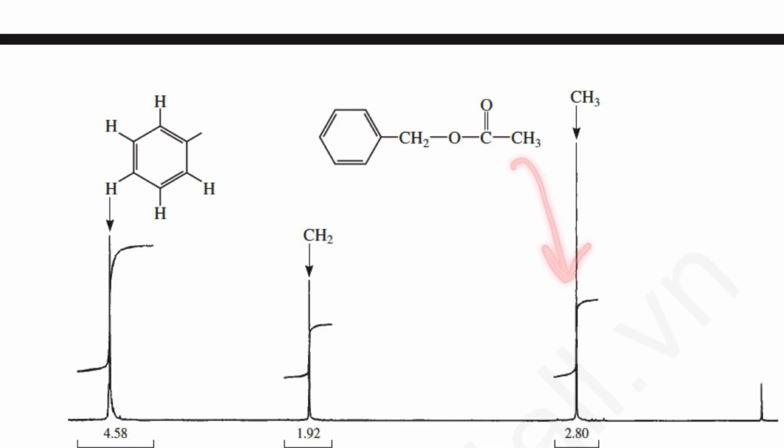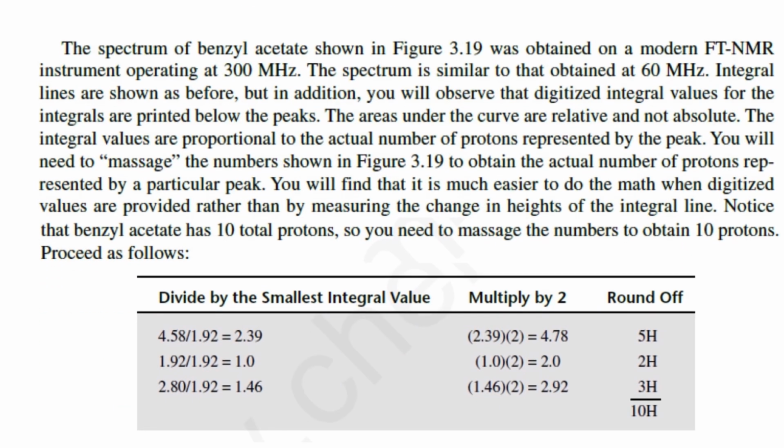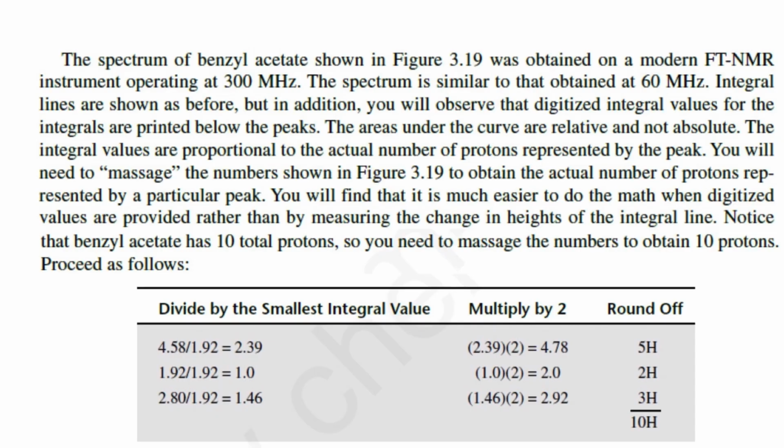This is the peak of the methyl group, this is the peak of the methylene group, and this is the peak of 5 protons. Next we will multiply these factors with some constant value in order to get the proper number, so that we can fit that number according to the valency of the element, and in this way we can make sense.